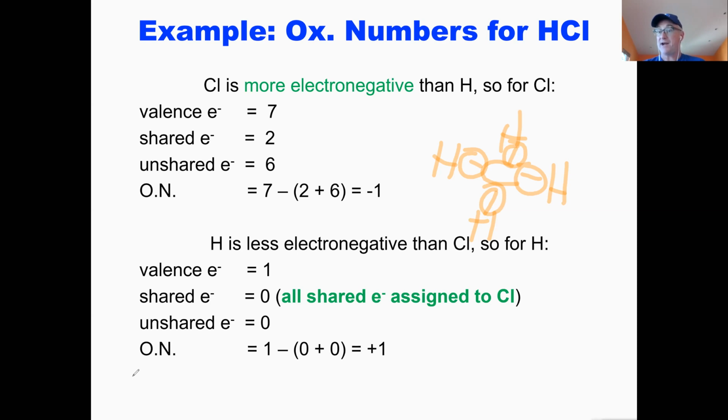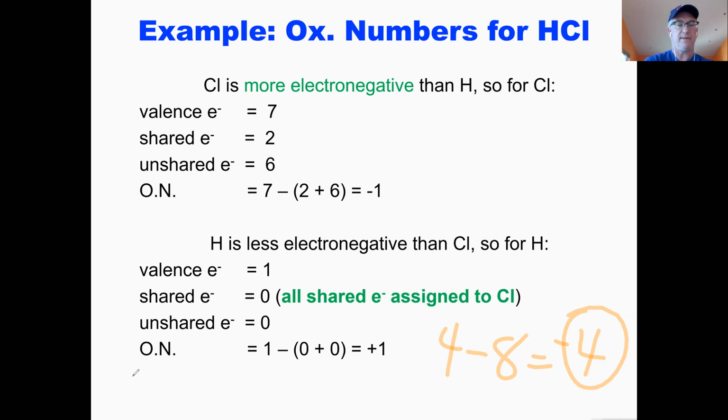There are 4 single bonds, so that's 8 shared electrons, and it gets to keep all of them. It should have 4 valence electrons, but it actually has 8. So in this situation, carbon has an oxidation number of -4. Now, when we burn methane, we produce carbon dioxide. So when we produce carbon dioxide, we make this.